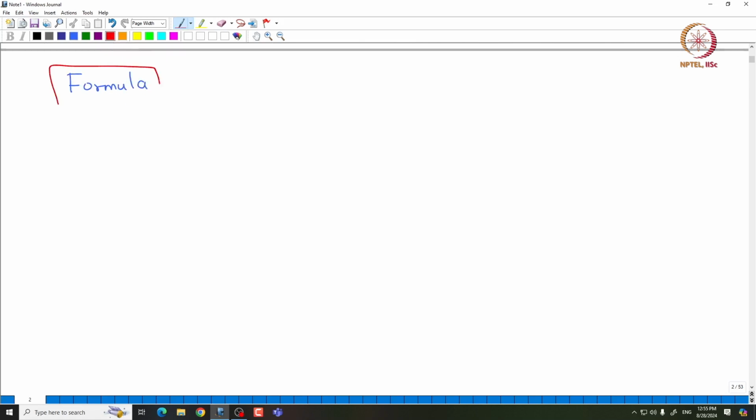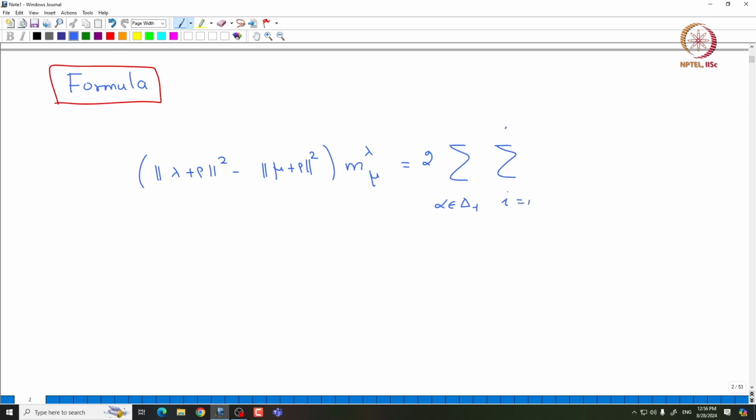The formula looks as follows. The scalar norm of lambda plus rho squared minus norm of mu plus rho squared, times m lambda mu, which is the multiplicity that we are interested in, is exactly equal to twice the summation over alpha in delta plus, and then the summation over i ranging from 1 to infinity, of the multiplicity of mu plus i alpha inside V of lambda, times the inner product of mu plus i alpha with alpha.